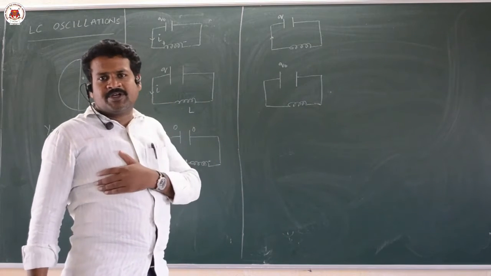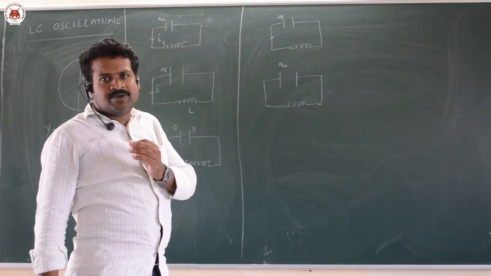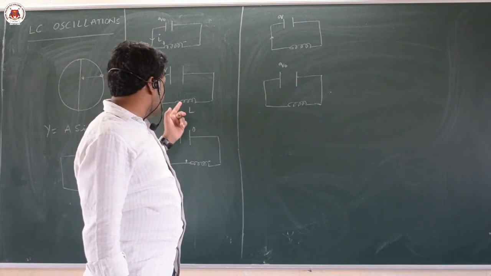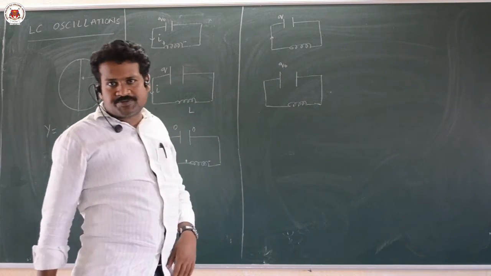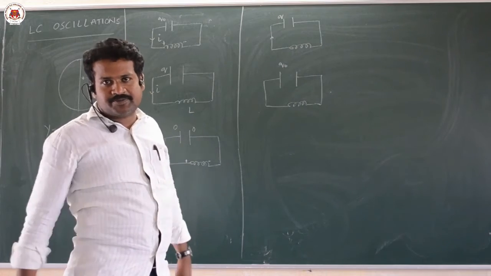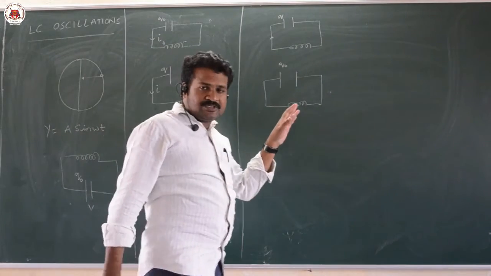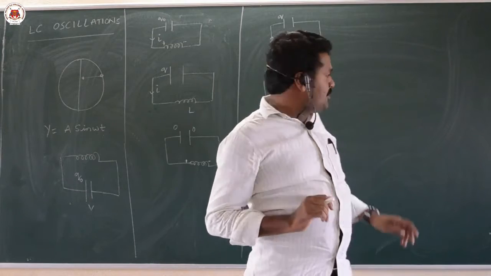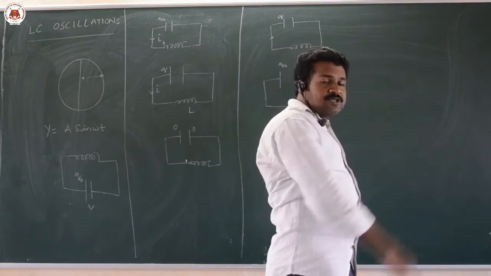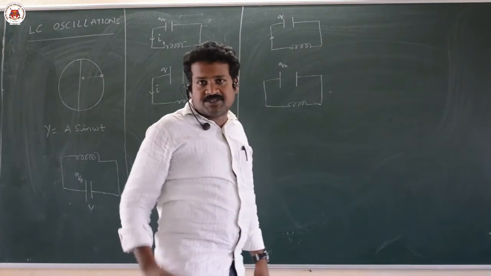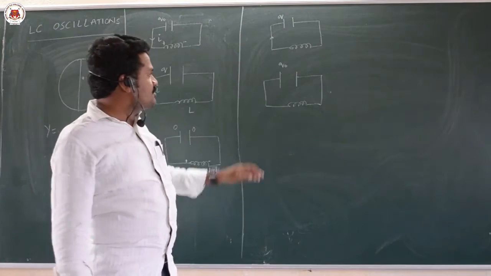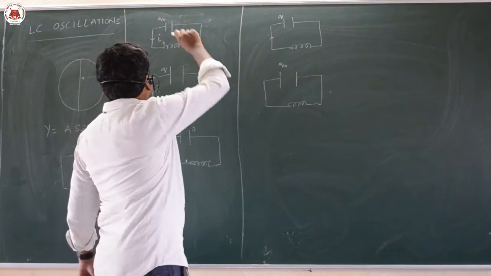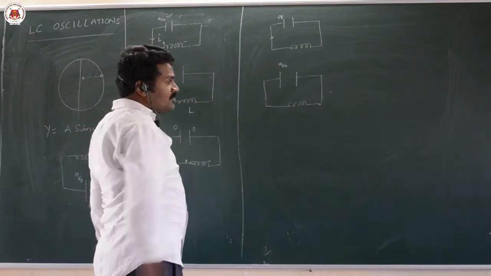The function of the inductor is that it always opposes the change of current. First the current was growing, the inductor opposed and took all the current. Afterwards the capacitor is connected to the inductor carrying current I, and the inductor starts charging the capacitor. So when it starts charging the capacitor, again it reaches Q naught. From Q naught we reach Q naught.